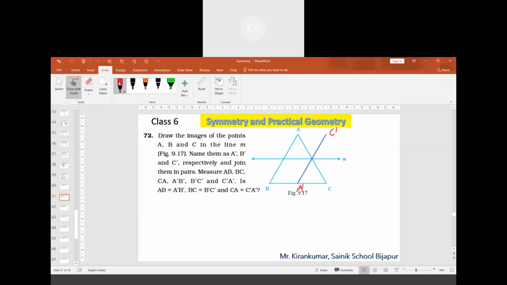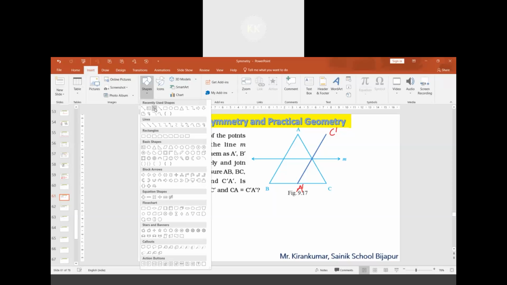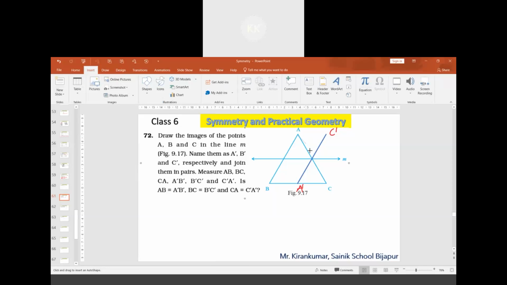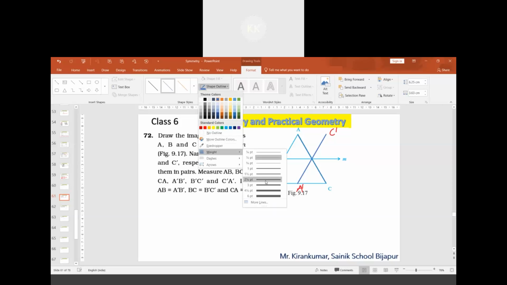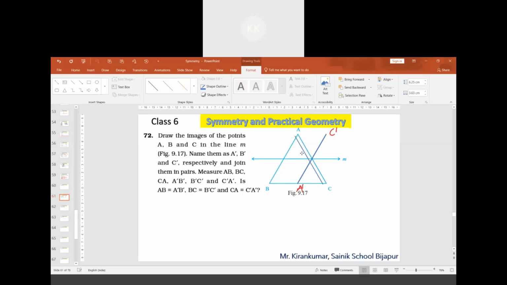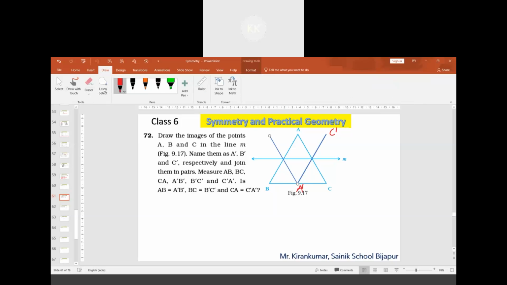Same way, I am going to consider another line segment which is of length AC. Let me increase the weight of that. Now I am going to bring it over here. This point is A dash, so this point has to be B dash.